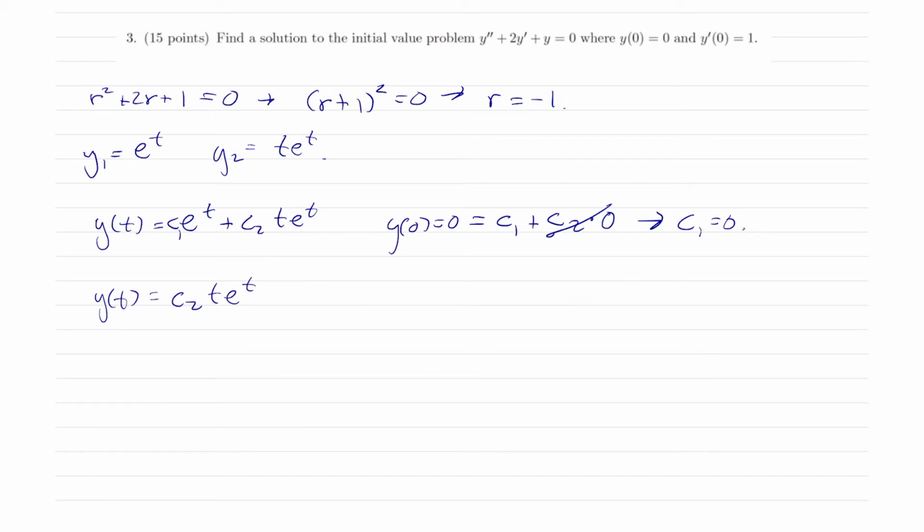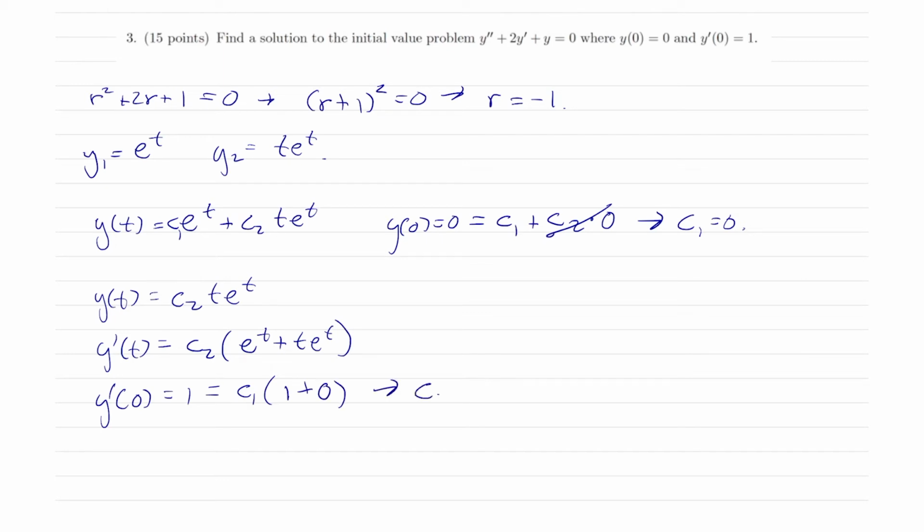Let's take y prime. y prime is equal to c2 times (e to the t plus t e to the t). If I look at y prime of 0, which should be 1, that gives me c2 times 1 plus 0, and so c2 is equal to 1. So ultimately y of t is equal to t e to the t, the solution to our differential equation.